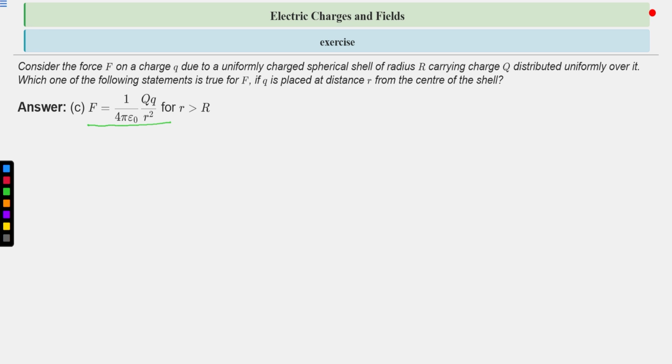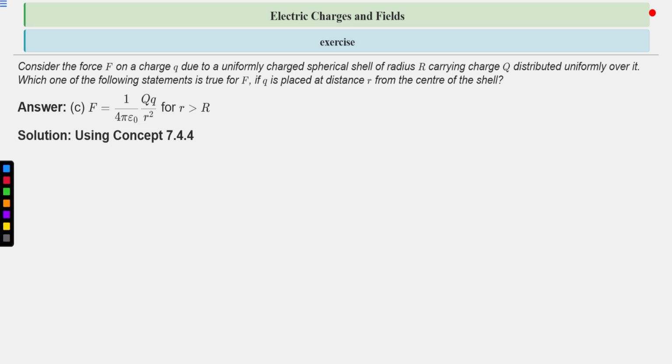Now we know that inside the spherical shell, electric field is 0. So if electric field inside a spherical shell is 0, the force must also be 0. So for a point inside the spherical shell, the value of the force is 0.